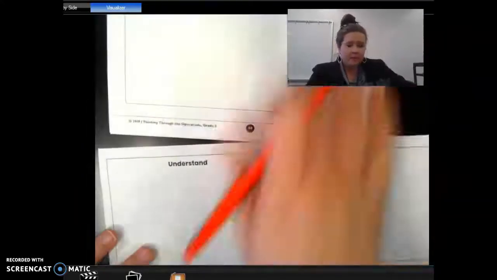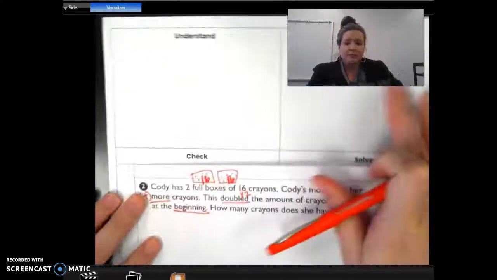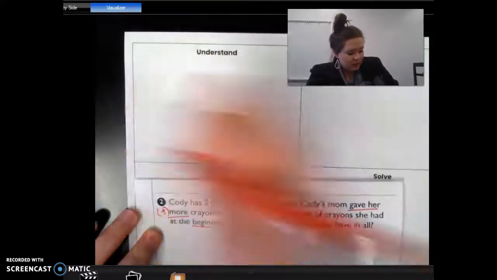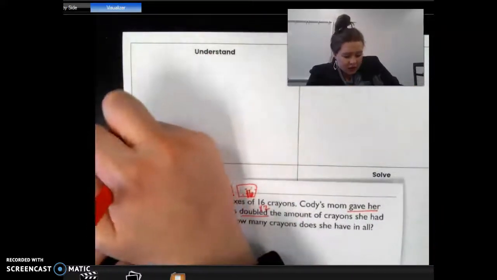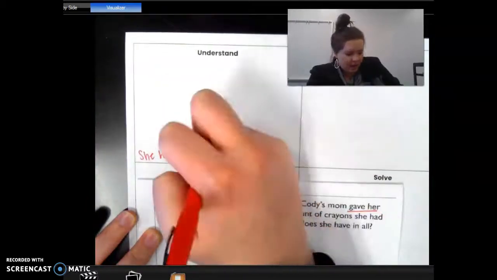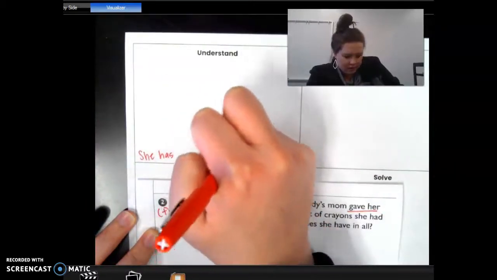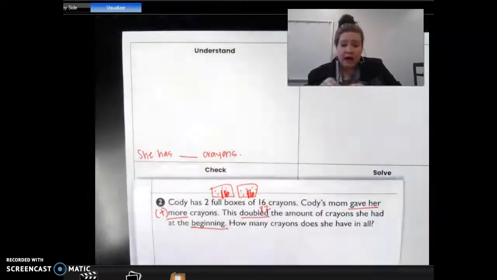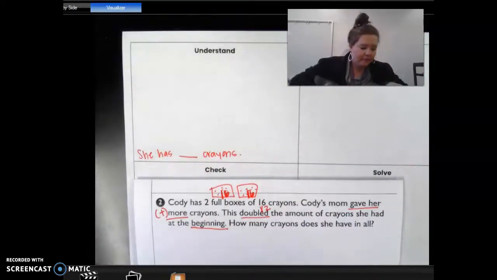Okay? If I want to start making this strip diagram, I want to do my understand process. I would do, she has a blank number of crayons. All right? I want to make my strip diagram.